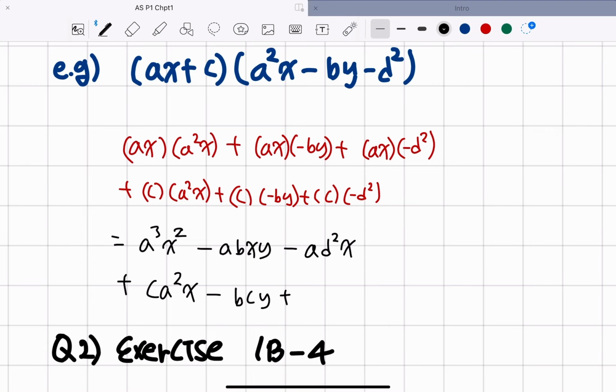And the last one, c times minus d², is minus cd².